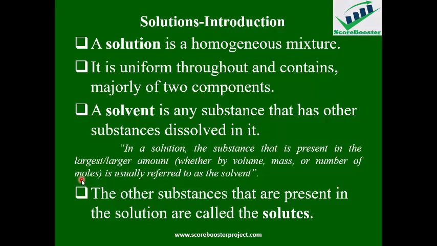If on the other hand, substance B is being dissolved in substance A, then substance A is the solvent and substance B is the solute. What we're trying to say is this: any substance that is being dissolved in another one is the solute, where the host is the solvent.